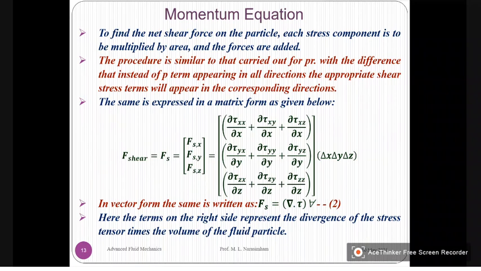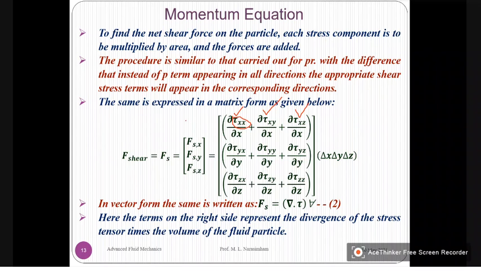Now what we'll have, in addition to ∂P/∂x in the x direction, is this and this also. So this term is again a gradient. See, we have considered P plus something minus P minus something, into area. So the same way here with stress. The stress at the center is this.